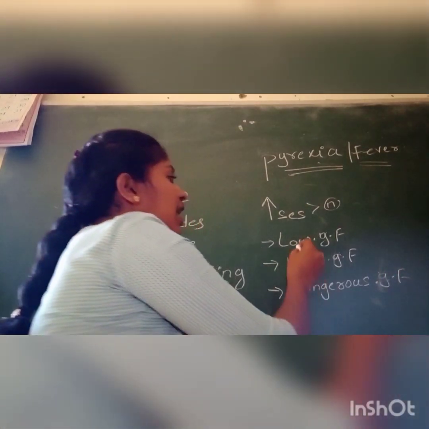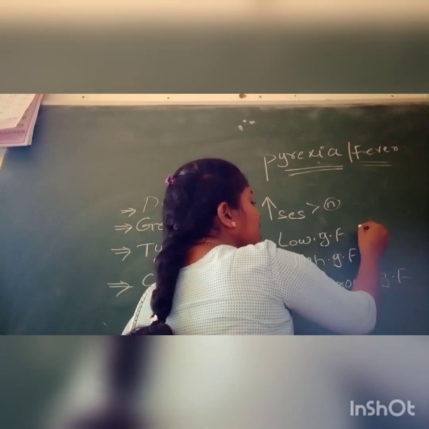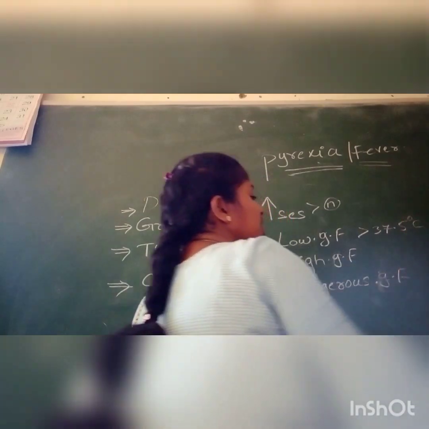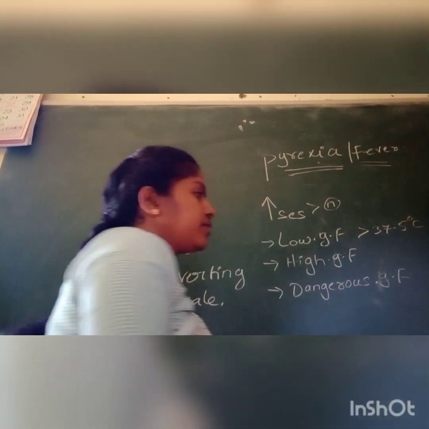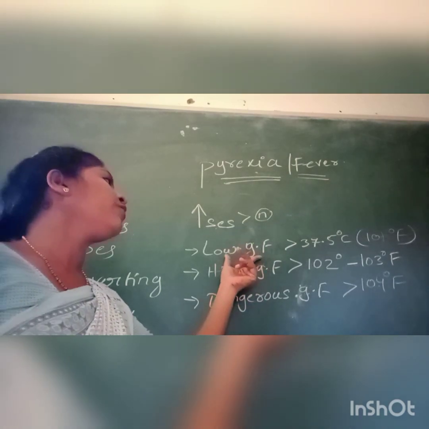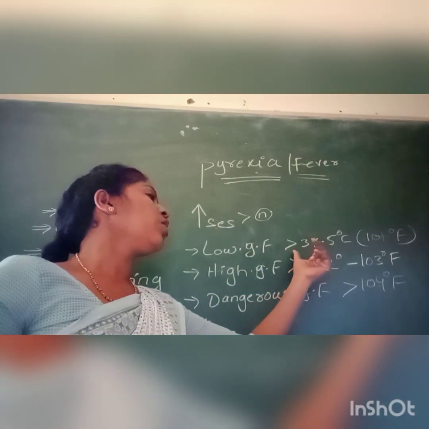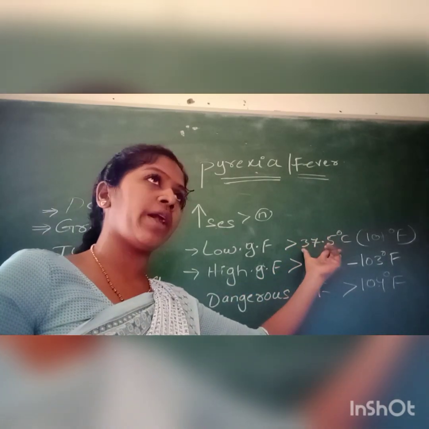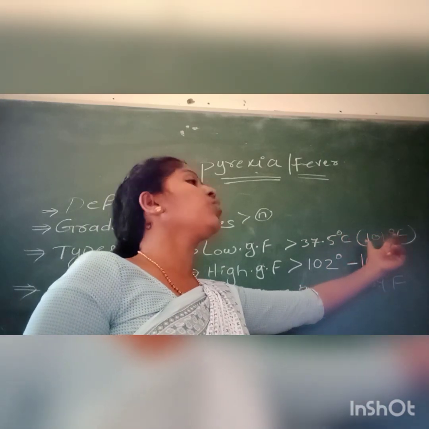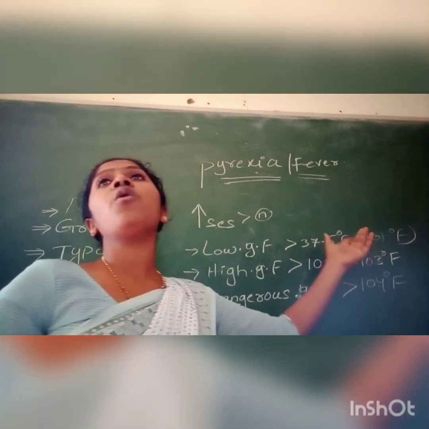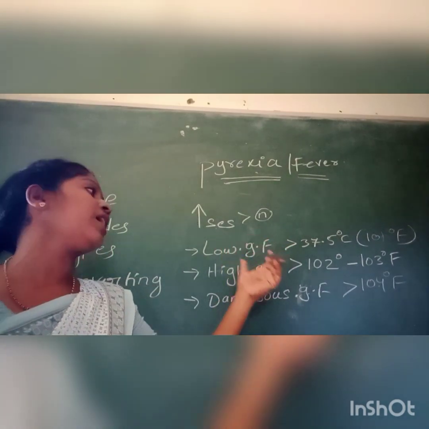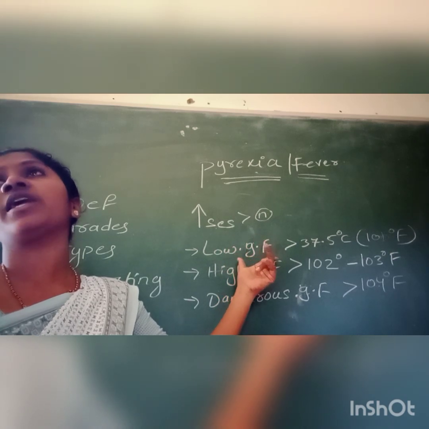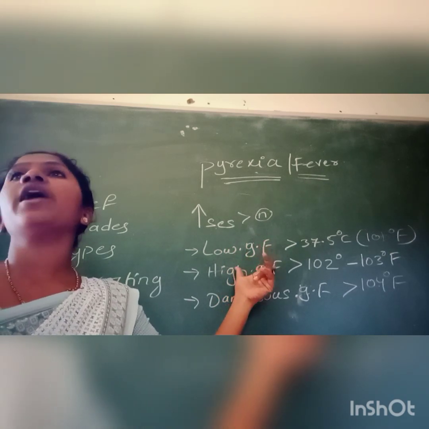So why they are saying low grade: if the temperature is just above 37 degree Celsius, or more than 37.5 degree Celsius, which is normal body temperature, or 101 degree Fahrenheit. If it is between 100 to 101 degree Fahrenheit, that is called low grade fever.